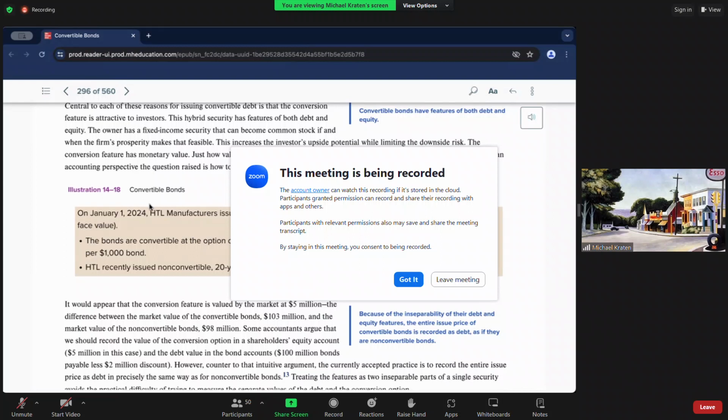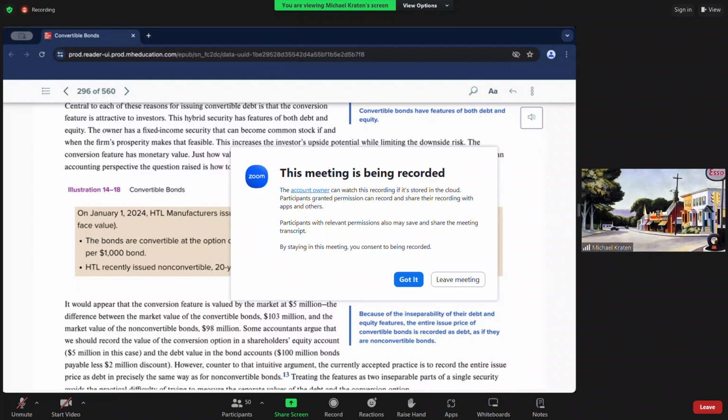On to 14-18. Okay, 14-18 introduces the words convertible and debentures, and there's a phrase "at" and then a number that is roughly equal to 100 but not exactly 100.